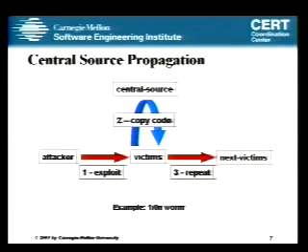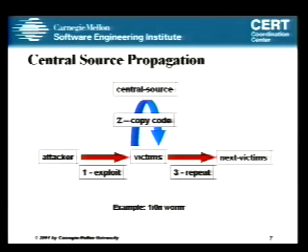Essentially, it's a central source that has a copy of the malicious code, and some mechanism, a wget or RPC or something like that, is used by the code to retrieve a copy from the central source, install it on the compromised victim host, and reinitiate the attack sequence.